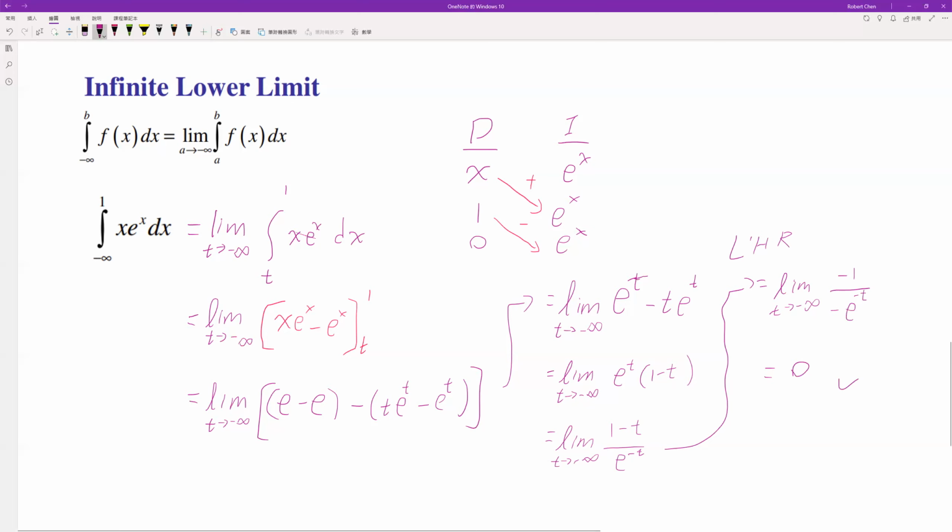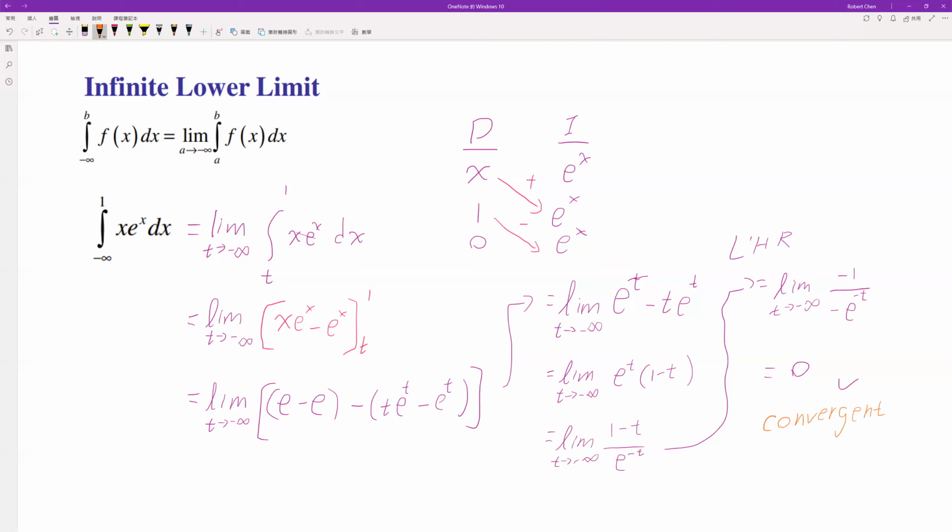Now, if the limit exists, meaning it's not infinity or undefined, if you get a number like that, we say this is convergent, the opposite of divergent, which is what we saw earlier.